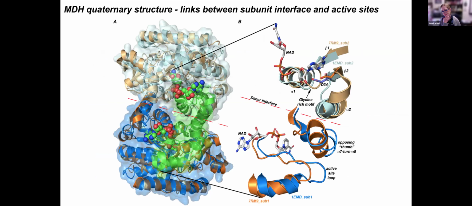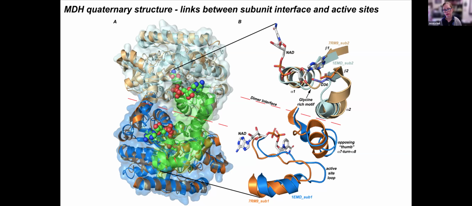So one thing that Chris identified and he alluded to earlier was how can we talk about how these changes may be mediated between them. And so I know this one's kind of busy, apologies. But what I really want to get at in this structure of malate dehydrogenase, so this is a dimeric structure, and we have one monomer here, and the active site is filled.